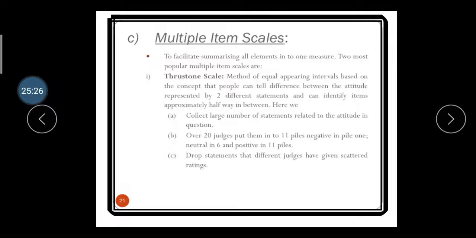Here we first collect a large number of statements related to the attitude in question. Second, over 20 judges put them in 11 piles, with negative in pile 1, neutral in 6, and positive in 11. Then drop the statements on which the judges have to give a rating.